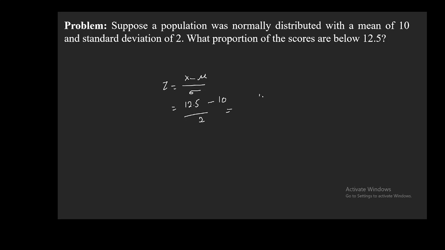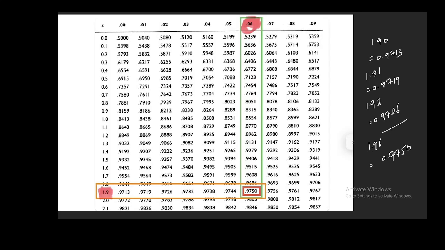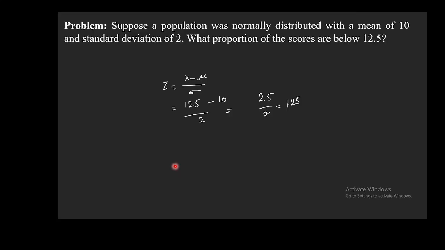So you get 2.5 divided by 2, which is 1.25. The value for 1.25 is 0.8944, so you can say that 89.44% of the values are going to be below 12.5.